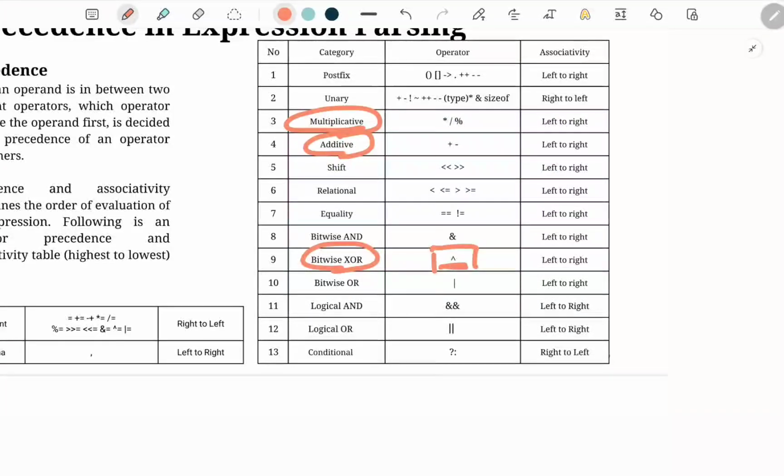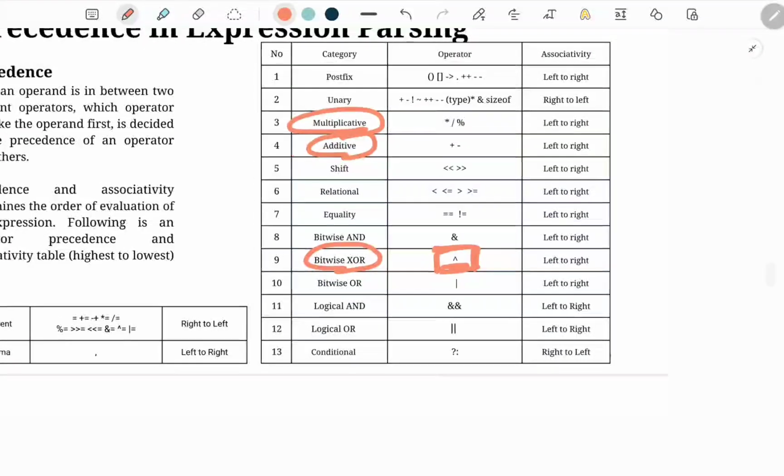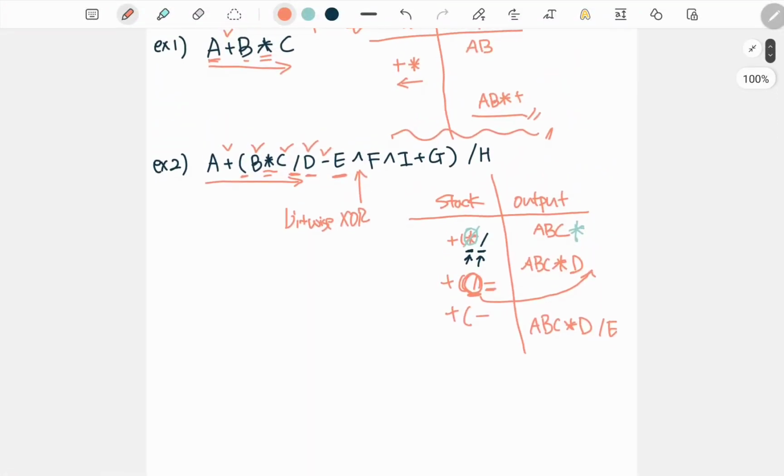So you can just say that this has a lower priority than the operators that are written above. So since it has lower priority, what are we going to do if we meet the minus? We're going to pop the minus, because this has higher priority than this one, right?